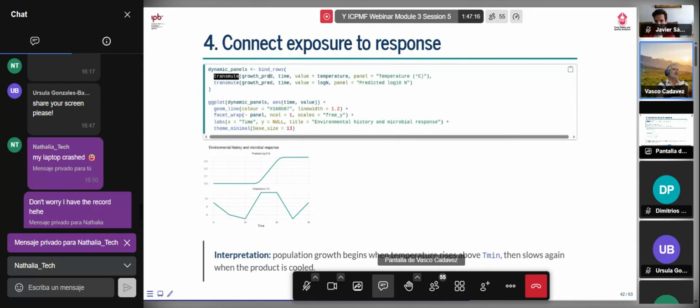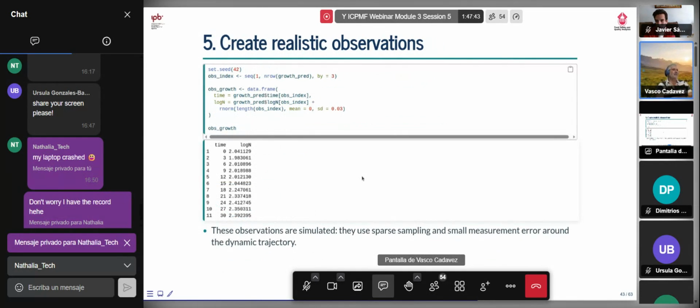So I'm getting the growth period, I'm getting the time, and I'm getting the temperature as value, and I'm putting the panel as temperature. So if you execute this code, then we pass this data to ggplot, then you can plot together the evolution of the microorganism and the evolution of your profile, just to have everything together.